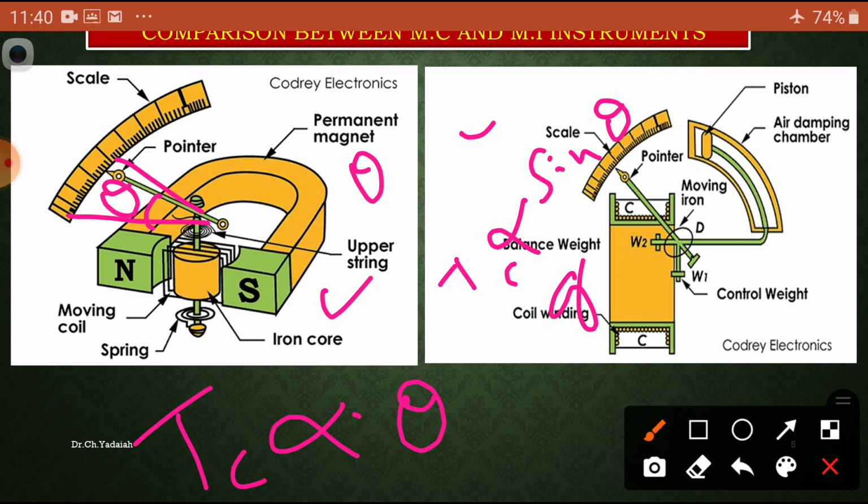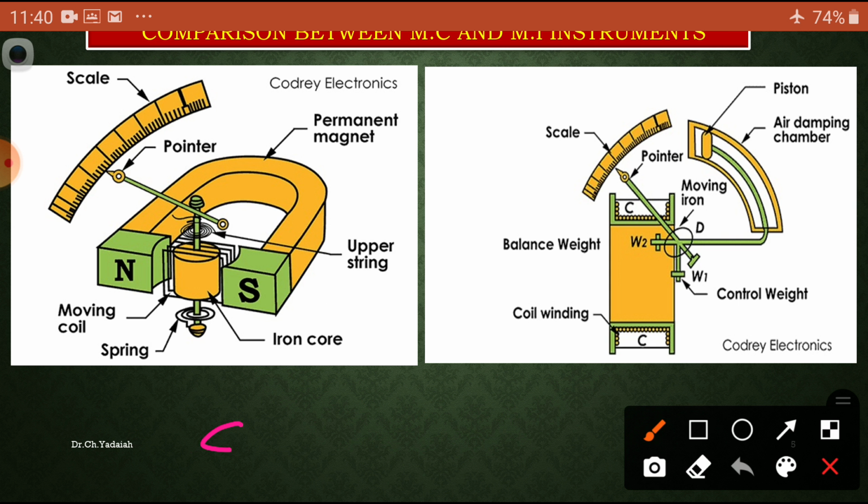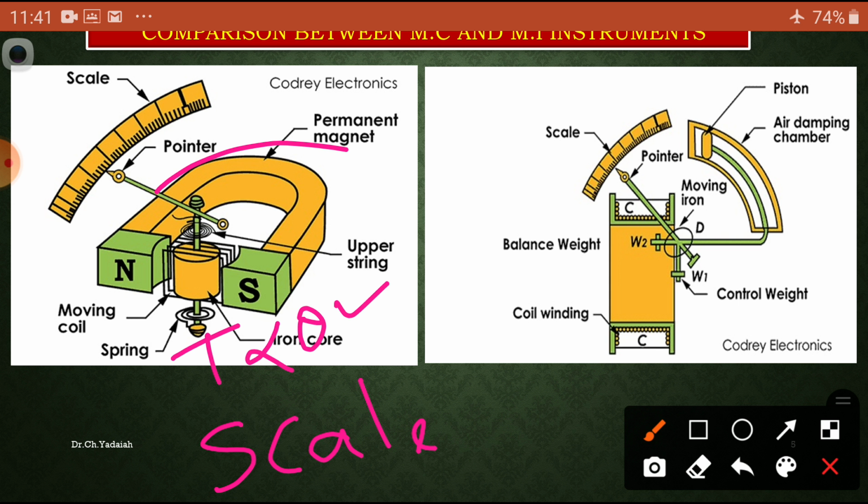This is one aspect. Due to this, what will happen to the scale? That is another aspect. Whether the scale is uniform or cramped. In this case, because the deflecting torque as well as the controlling torque is directly proportional to theta, the scale is uniform.